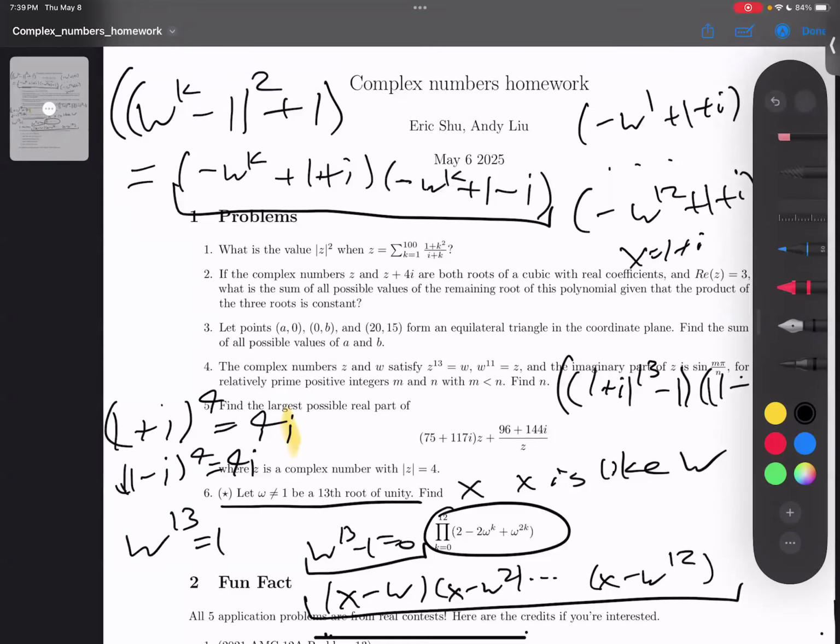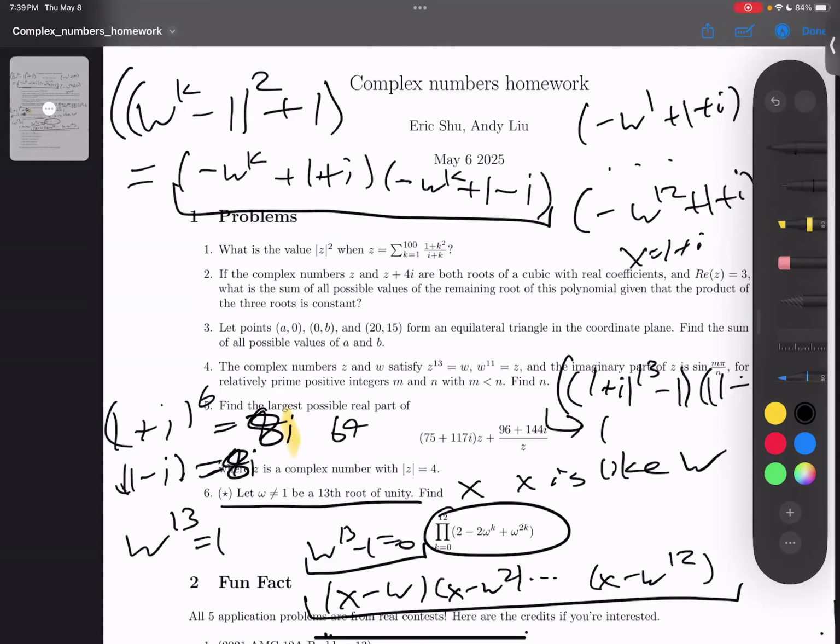Wait a minute. Sorry, it's the 6th power. I can't do things. Oh, it's equal to 8i. So then we substitute this in.